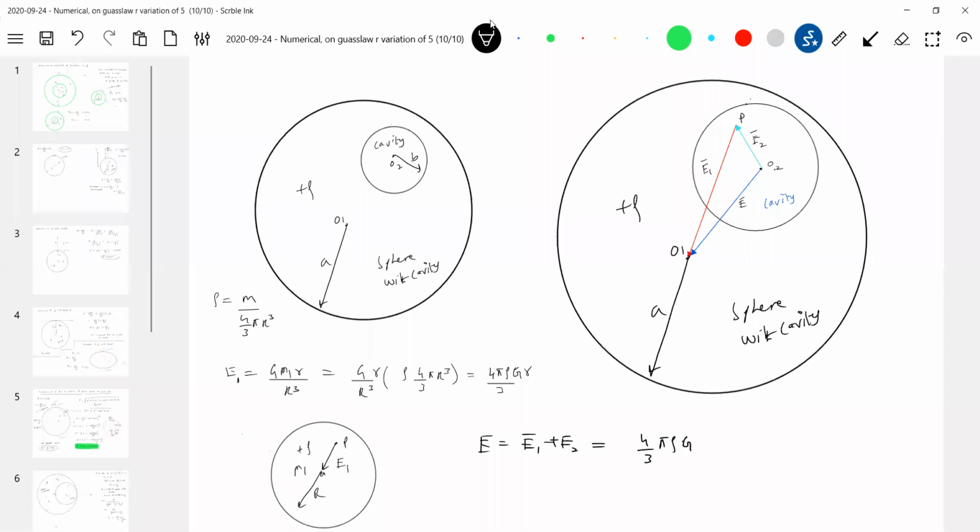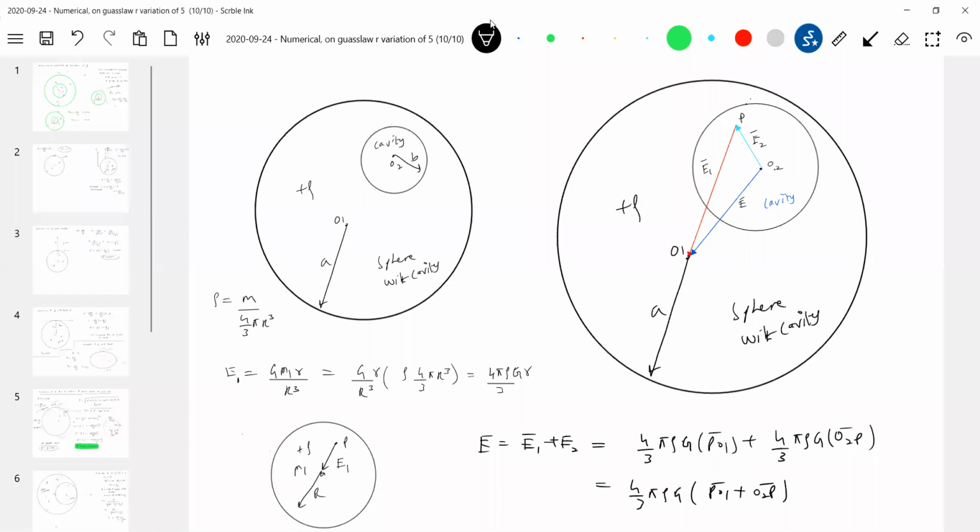Small r is nothing but the vector O1P, plus this will be 4 pi rho G, this will be O2P bar. So PO1 bar plus O2 bar is needed.